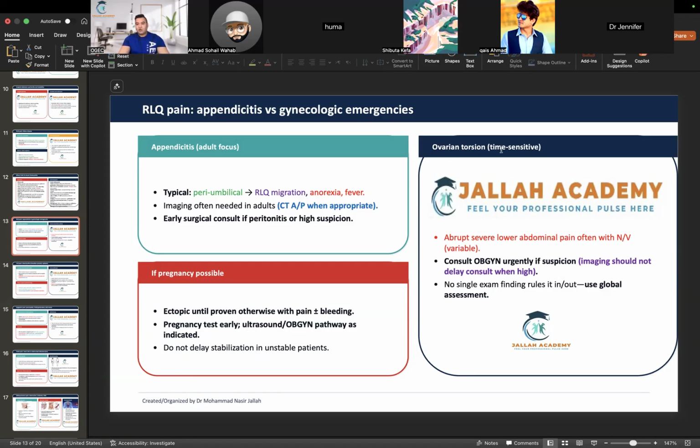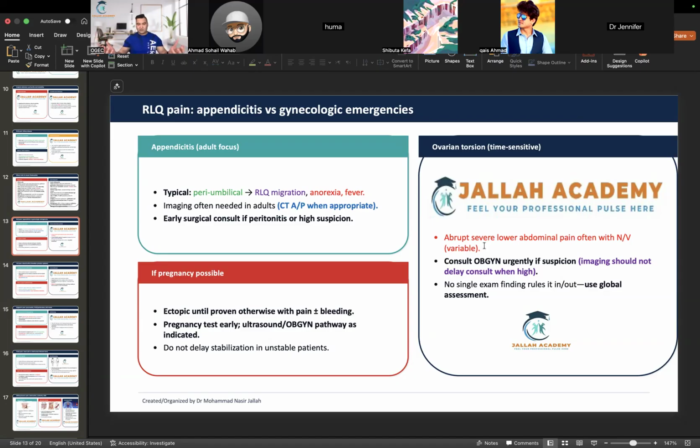So ovarian torsion: abrupt, severe lower abdominal pain, often with nausea and vomiting. It is variable. Remember, for this one, usually they give you a scenario about someone where the torsion happened during activity, whether she was mowing the lawn, exercising in the gym, or having, for example, sexual intercourse, but she was in the middle of a physical activity.